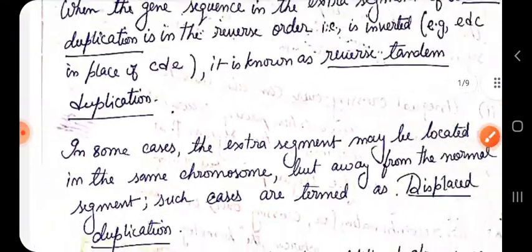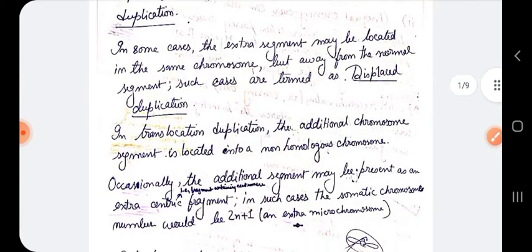So that's why if that extra segment is located in a non-homologous chromosome, that type of duplication is called translocation duplication.